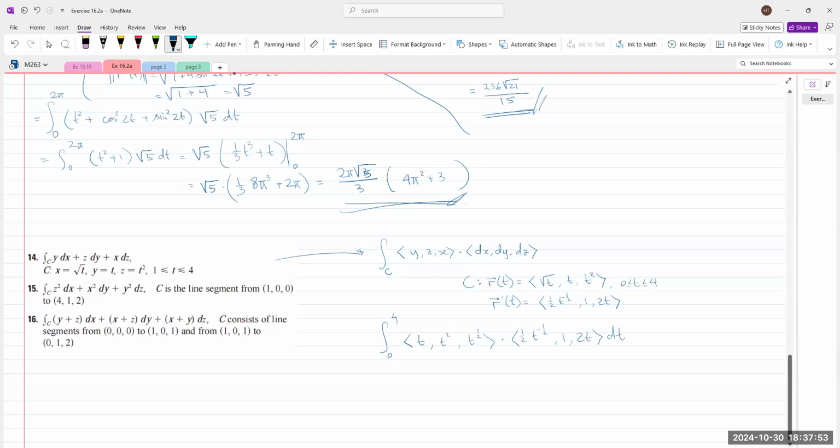By the way, this is not r prime t per se, but r prime t dt. It is a differential, so we can rewrite this as dx/dt, dy/dt, dz/dt, that's r prime t, times dt.